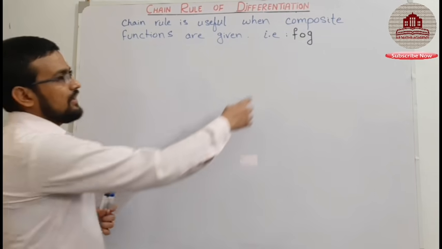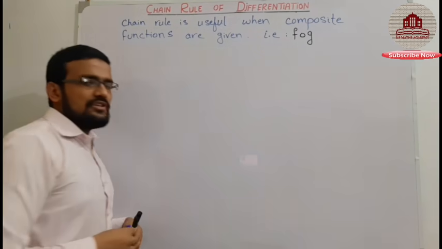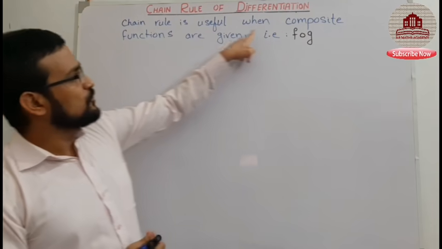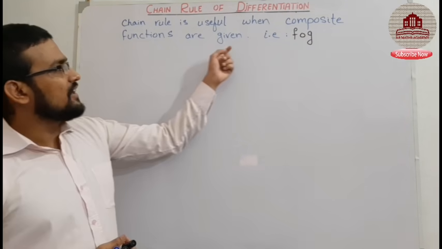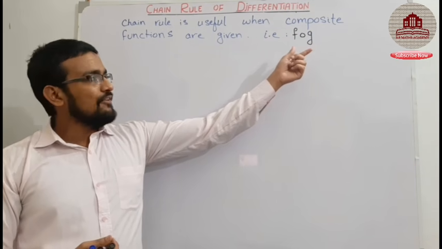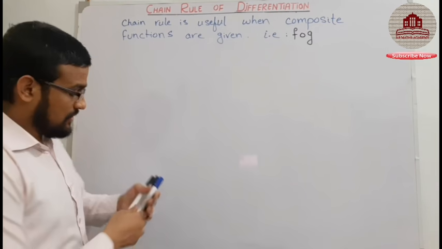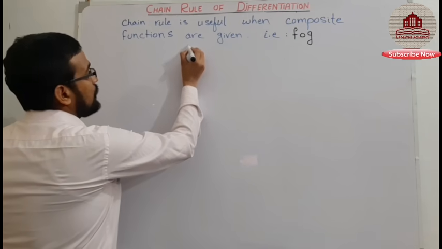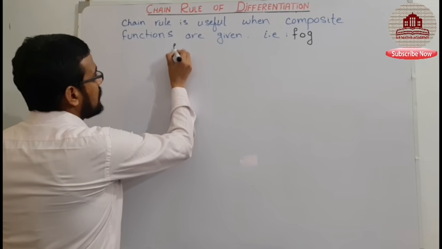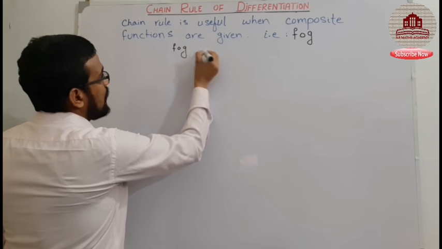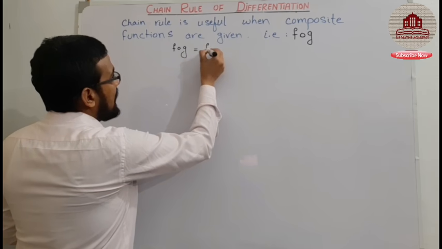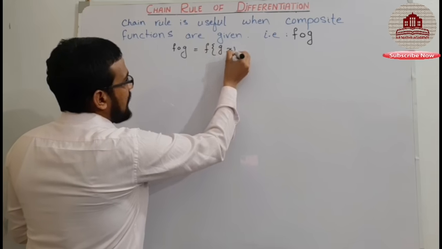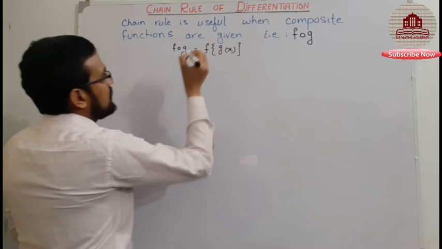For example, f o g means the chain rule is useful when composite functions are given. f o g means f of g of x. This one.